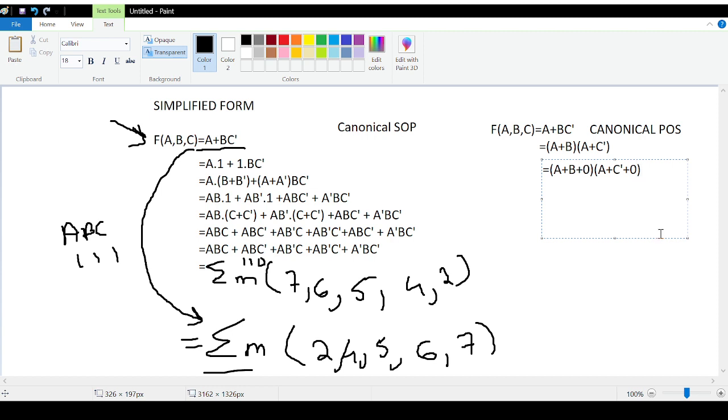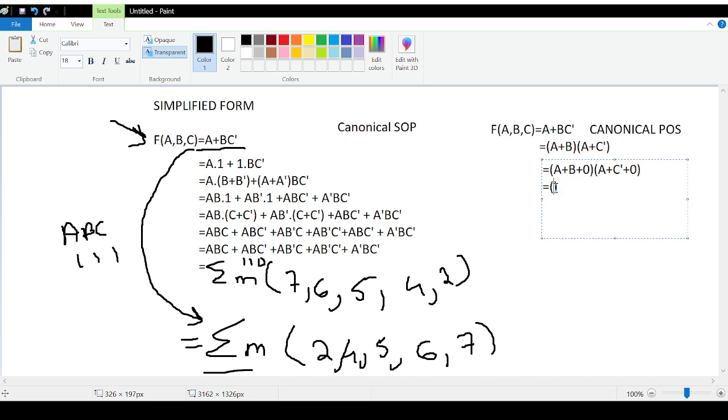Yes, miss. Because if I OR with 0, the equation remains the same. If you see 0 plus a is a. So 0 plus anything will remain the same. Now what do I replace this 0 with? In this term, what is missing?